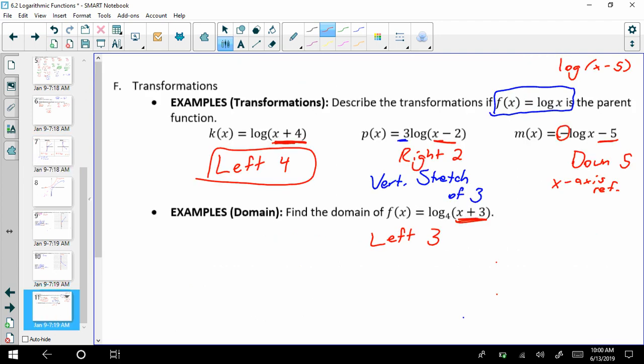But this graph is moving left 3. So the domain will now be negative 3 to infinity because literally everything has moved left 3. So it was at 0, now it's at negative 3. And that's it. That's the domain. The range would still be negative infinity to infinity.